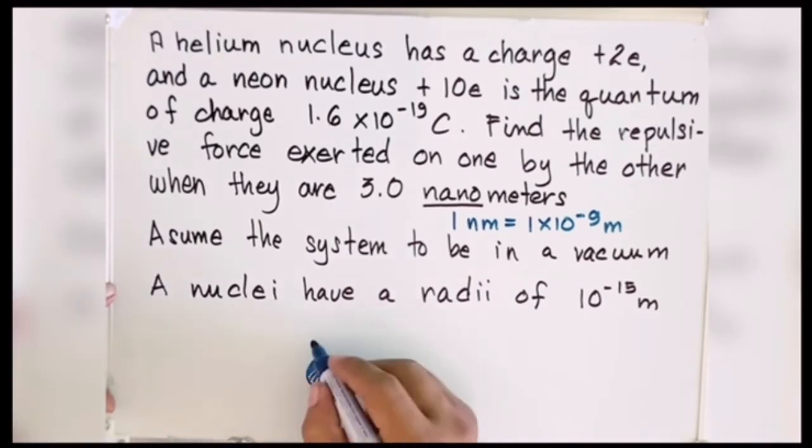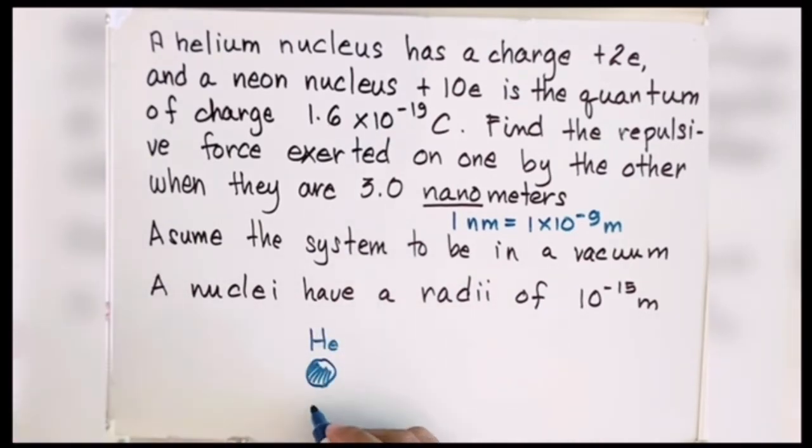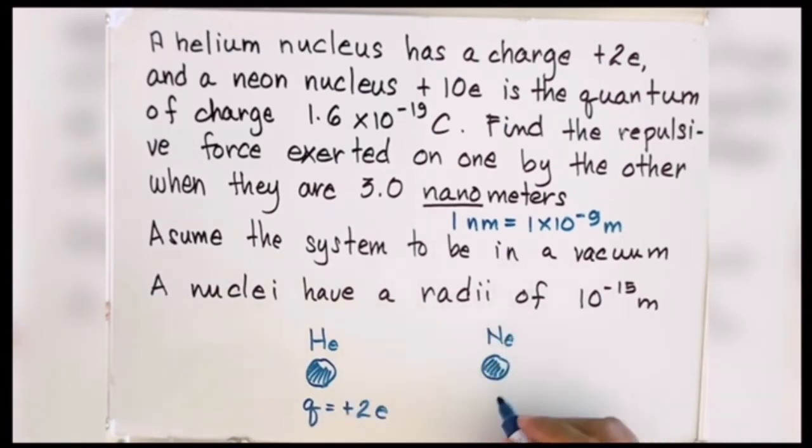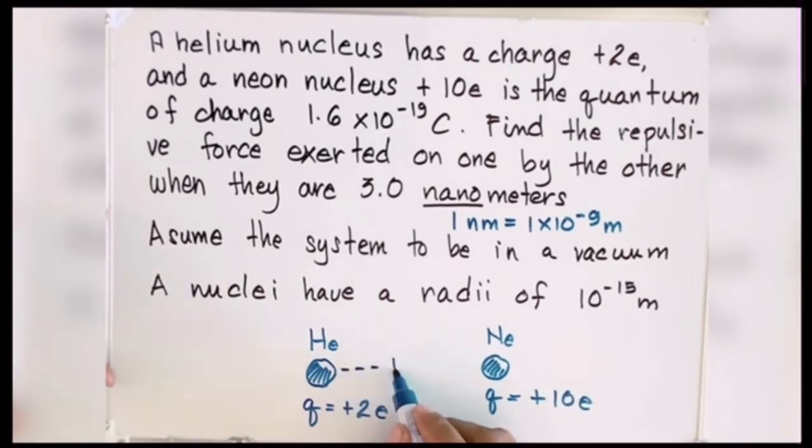And therefore, we are going to illustrate the two nucleus, that's the helium and the neon nucleus, and their charges, and of course the distance that they are separated from.